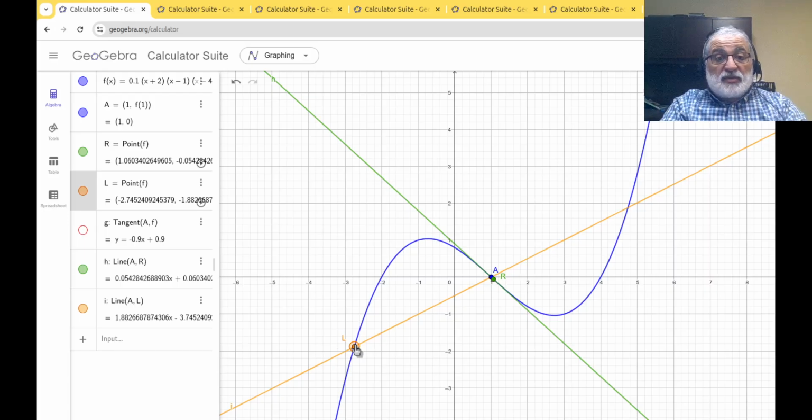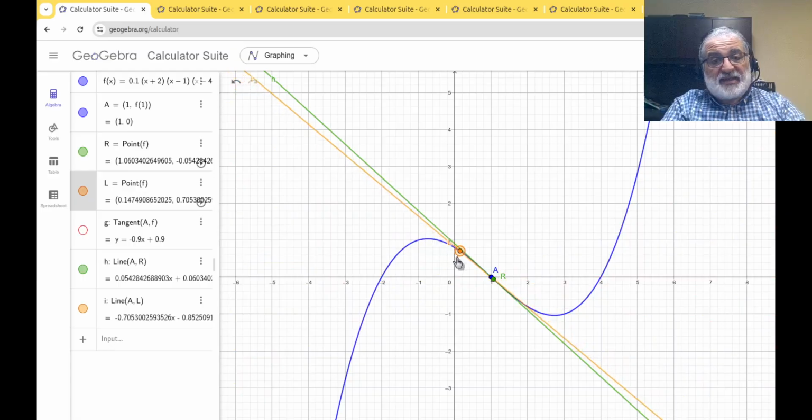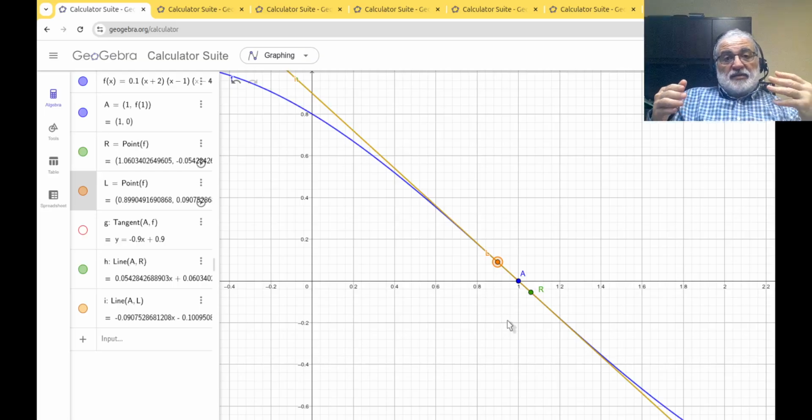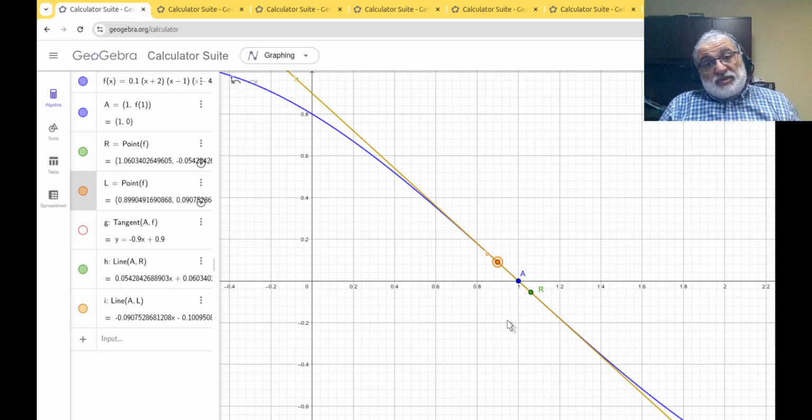But what happens when I bring point L closer and closer to point A? Also, this secant line approaches a tangent. But look, I'm going to zoom in here. Look at what is happening. The tangent is the same. The line that we are approaching by bringing point R from the right and bringing point L from the left closer and closer to point A is actually the same.